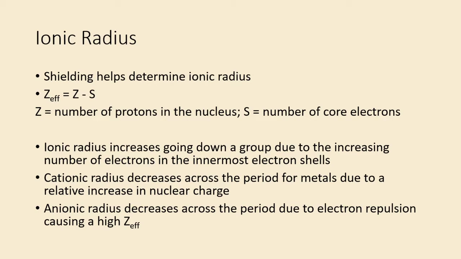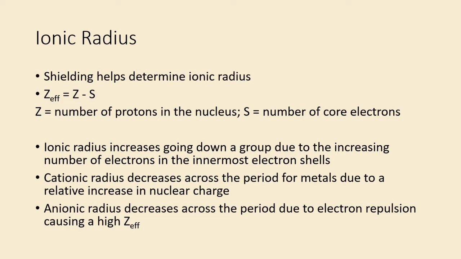Lithium has 3 total protons and 2 core electrons, which means lithium would have a Z effective of 1 plus. But if we look at carbon, carbon is element number 6, so carbon has 6 protons. But it also has 2 core electrons, which means my Z effective is going to be plus 4. So, with that being said, for my atomic radius, my protons are going to have a stronger pull on the electrons in my outside shell.